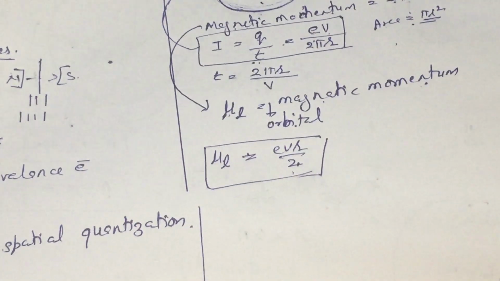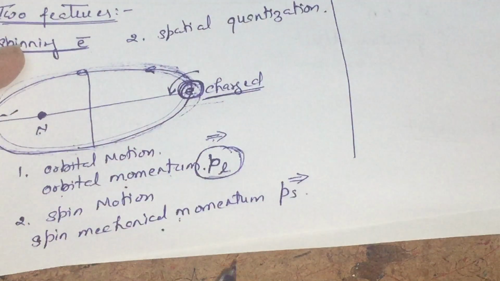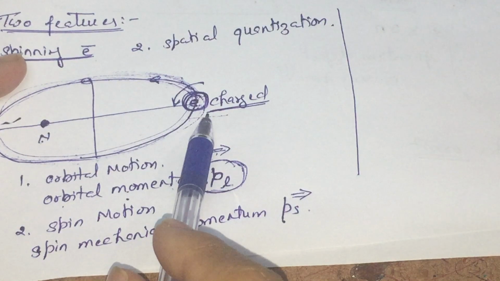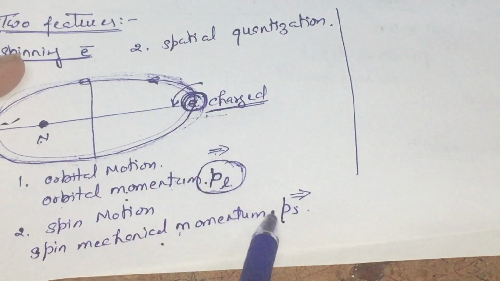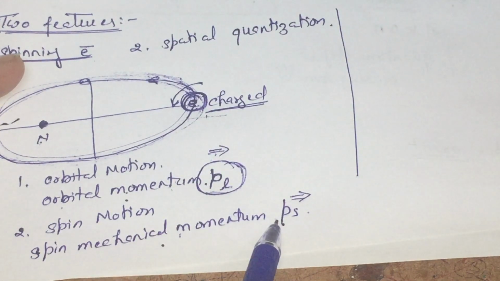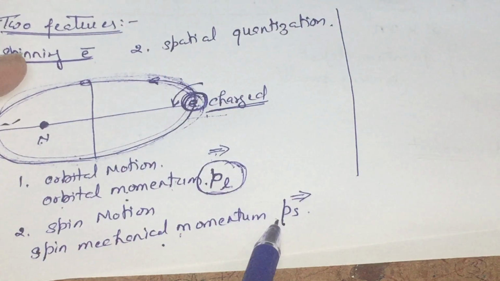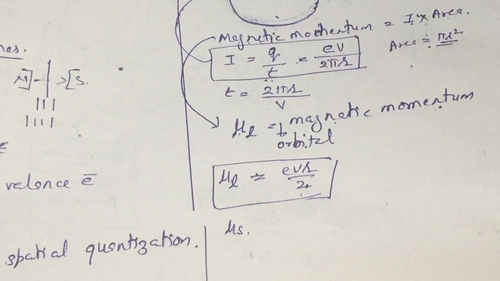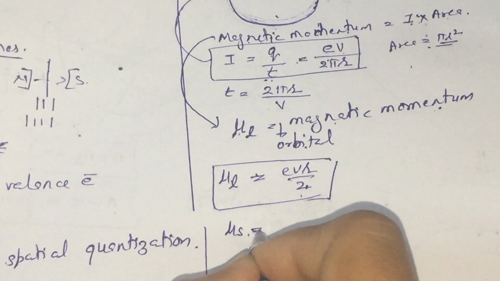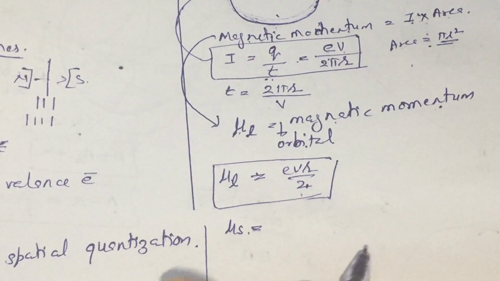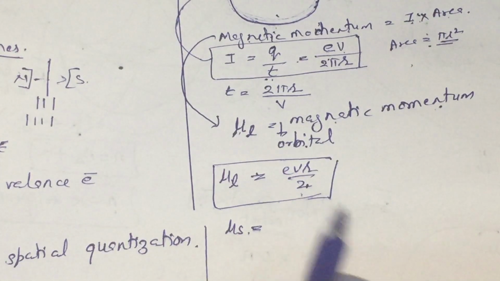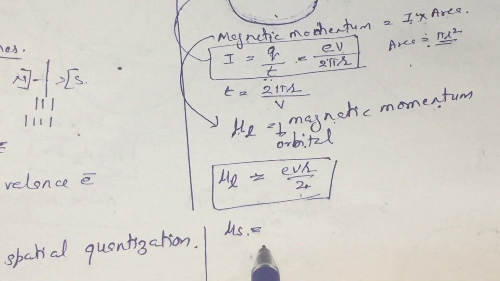Similarly, the electron is also giving us spin motion, and due to the spin motion we can explain the spin mechanical momentum as well as our spin magnetic momentum. And the spin is twice as compared to the orbital motion.